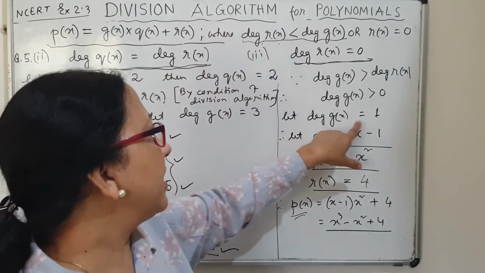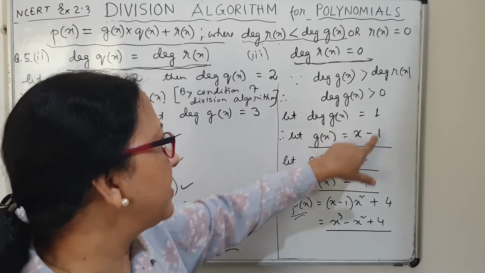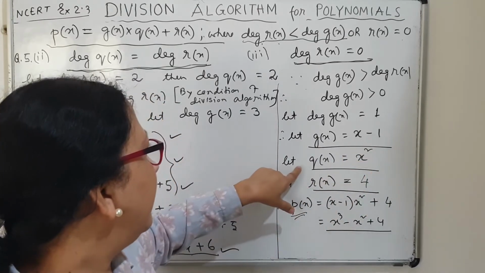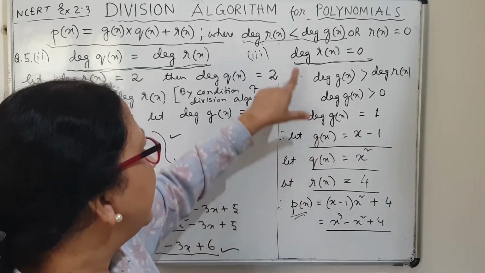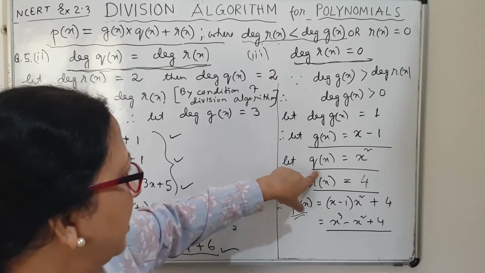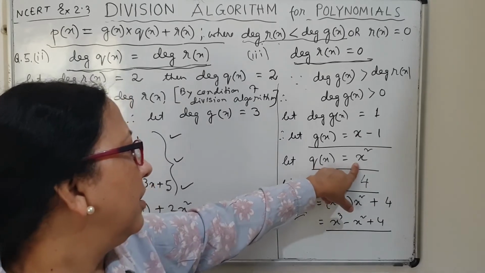So I have taken degree of g(x) to be 1. So give an example of g(x) of degree 1, that is a linear one, a simple one, x minus 1 I have taken. Then q(x): here you see there is nothing said about the degree of q(x). So I can take any polynomial of any degree.